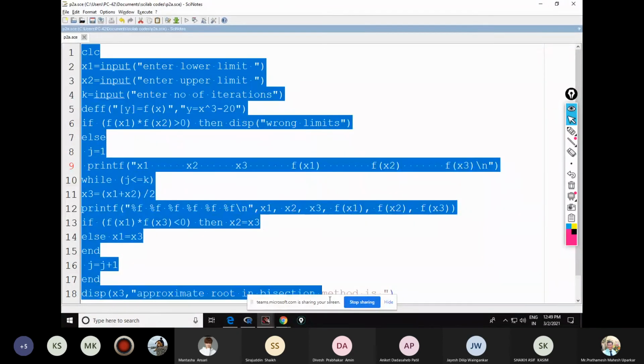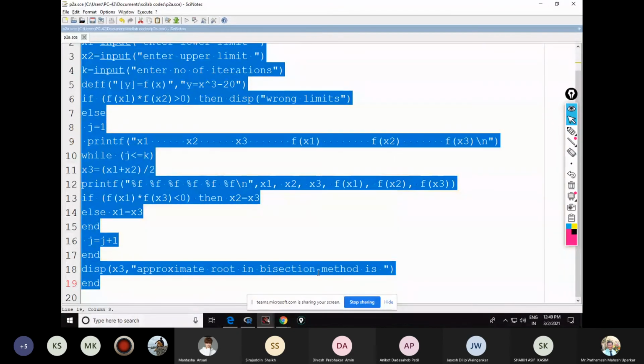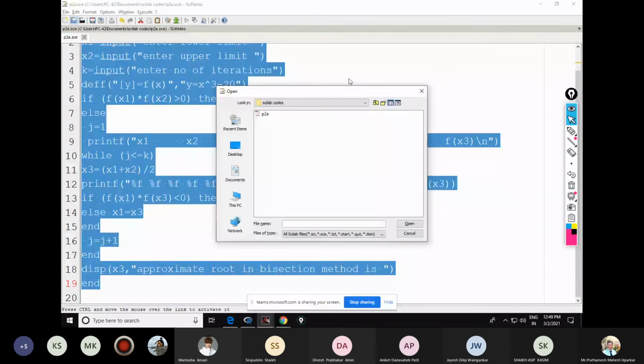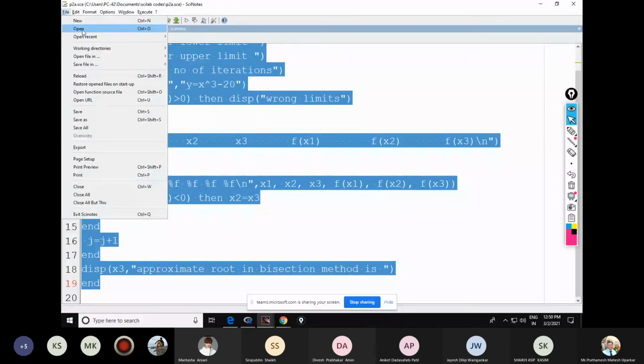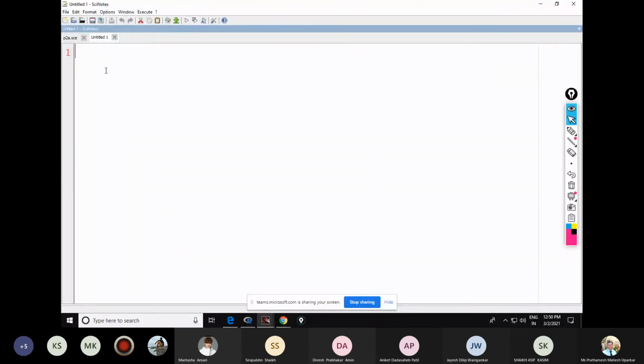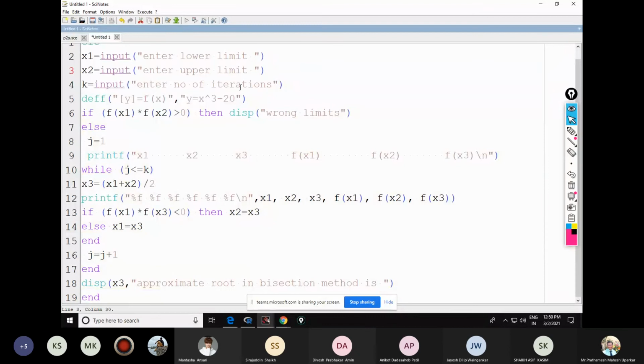See here, I will just copy paste all this. Control C, and I will take new, not this. Okay, Control V. Let us see. I don't want this, enter the number of iterations. What I want here, the limiting place is what? I want up to 4 decimal places.